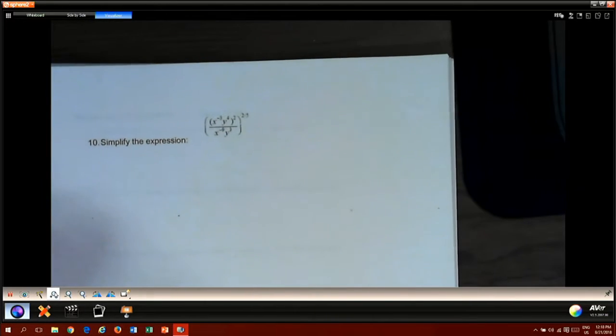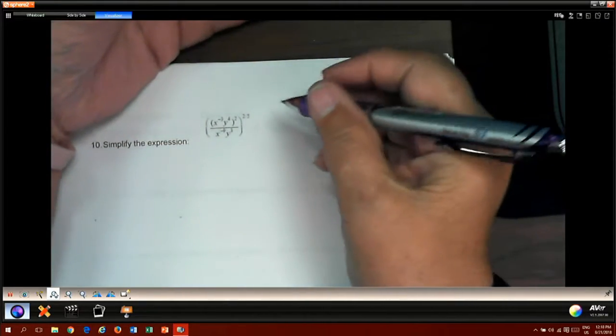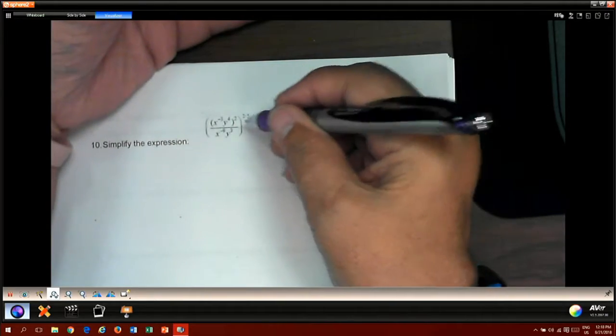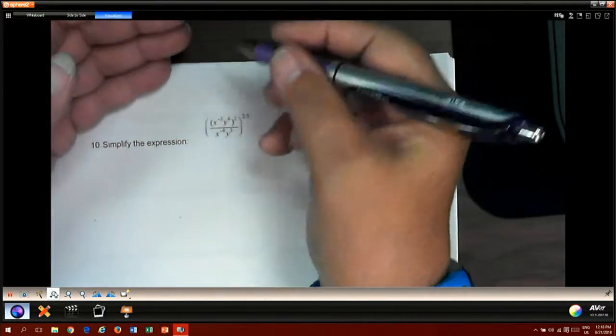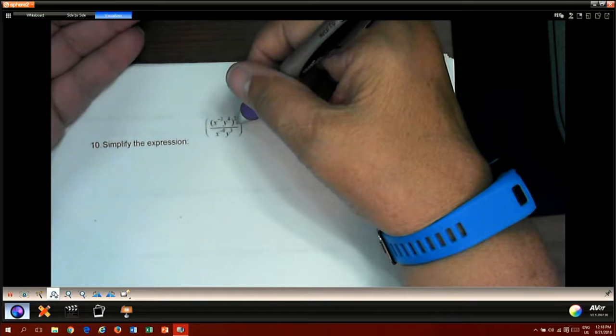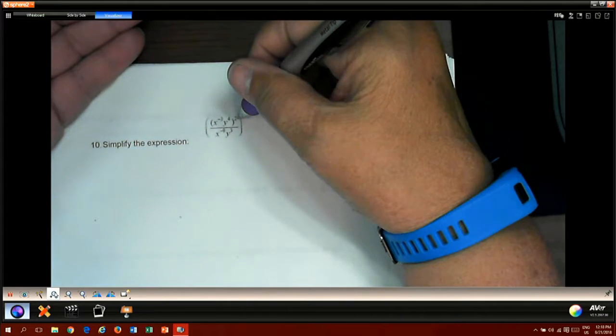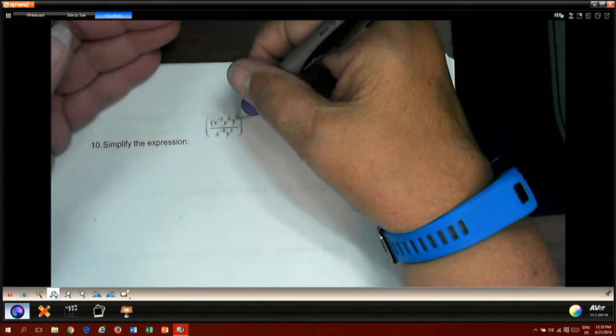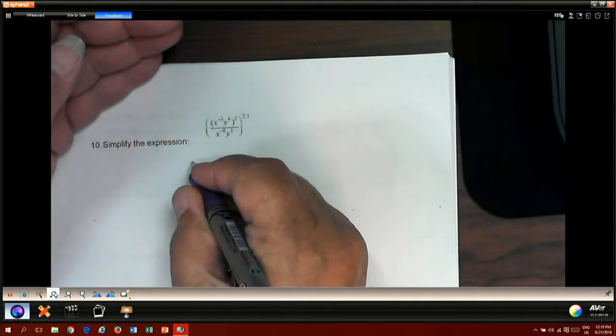Now we have what appears to be a complicated one to simplify, but we're just going to use our rules of exponents. So the first thing, remember, we also work inside the parentheses. So the first thing, we're going to take care of this square in the numerator.